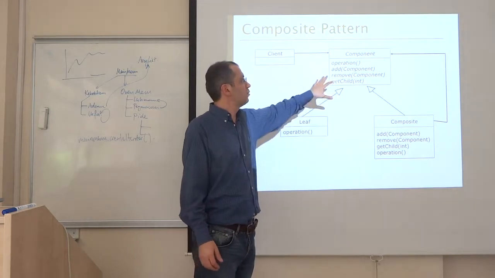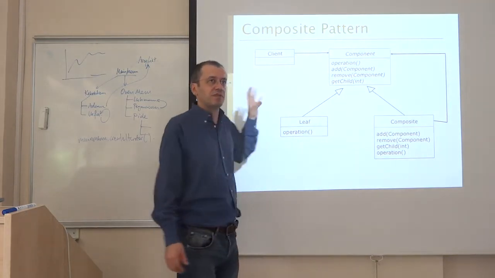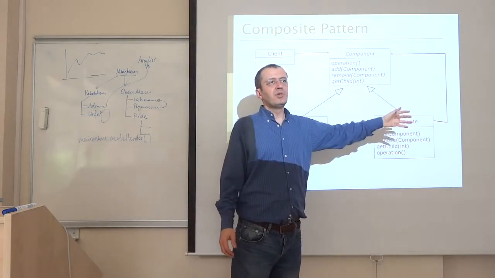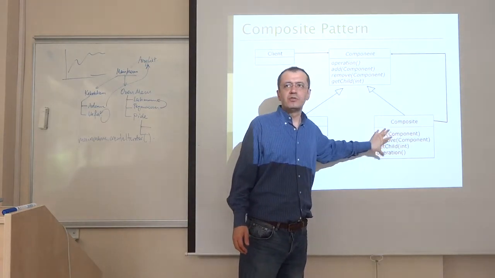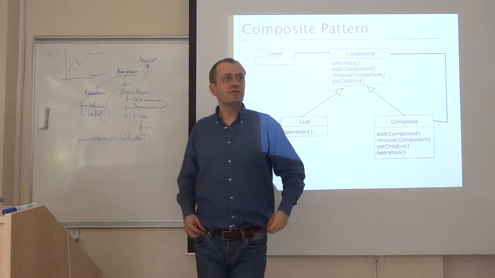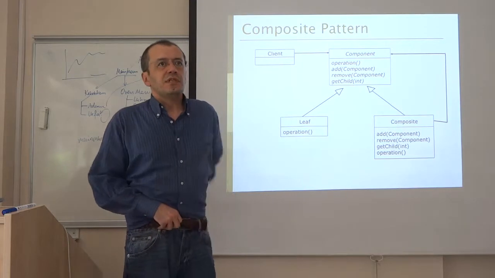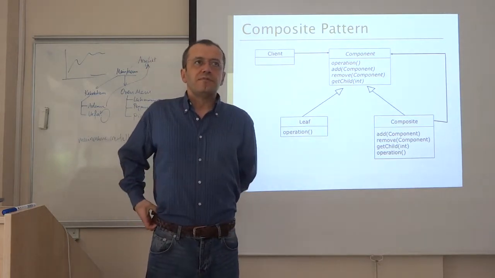They are all coming from the same component, but different leaves, different classes. I can have different branches. These are branches. These are the composites. They can be all different. It gives me that kind of flexibility as well.